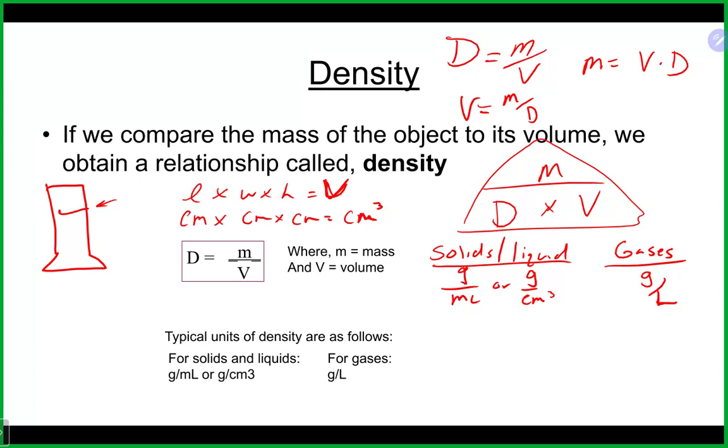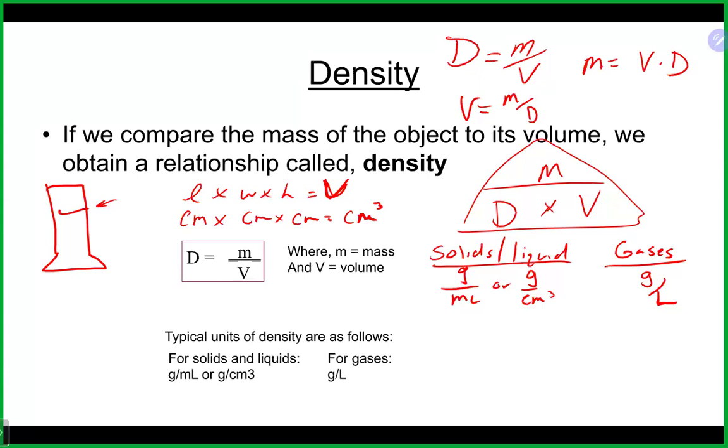The units here for density will not cancel out, and you will end up with 2 units for density. Again, the number will stay with the grams part, and it's usually 1 milliliter or 1 cubic centimeter. That means you could take a dimensional analysis approach when you're doing some density problems, if you are given the density.